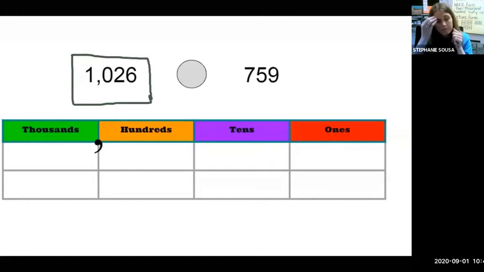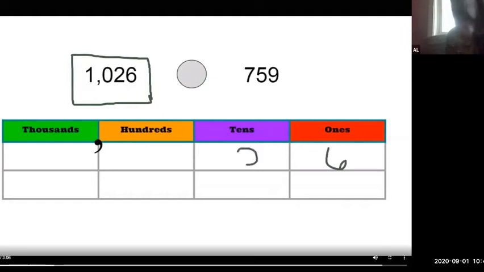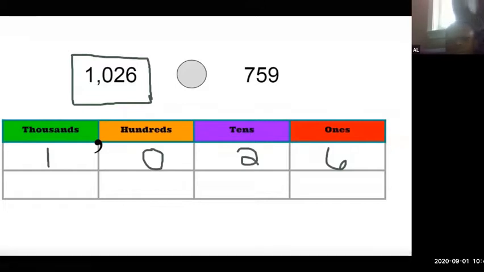So we're going to take all 4 digits and put them down here in our place value chart. 6 ones, 2 tens, 0 hundreds, and 1,000. Okay, and then we're going to take our second number, which you can see only has 3 digits. We're going to put it in the place value chart as well.